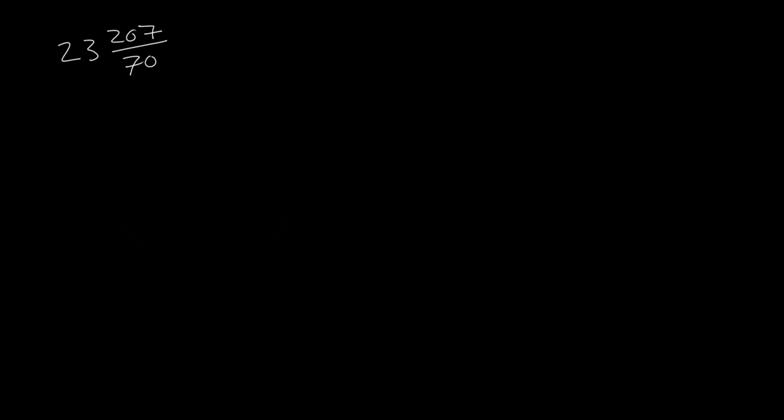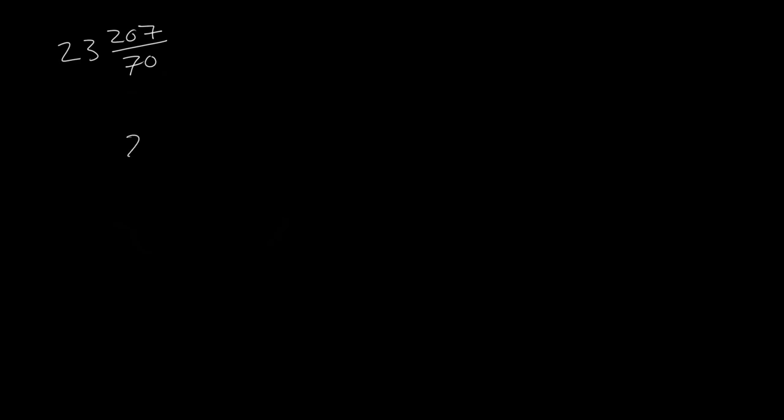Now, we can leave this answer as is, but it's not very proper because this right here, 207 over 70, is an improper fraction, meaning the numerator is greater than the denominator. And that sort of defeats the whole purpose of having a mixed number in the first place. So we're going to divide this out and get a new final answer.